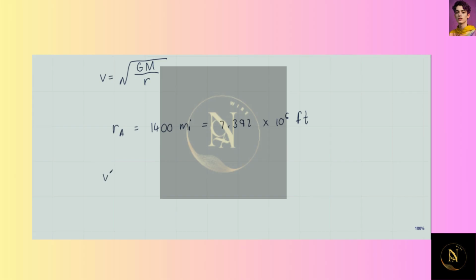And so the velocity of the circular orbit A is equal to, we can substitute our values into the equation above.